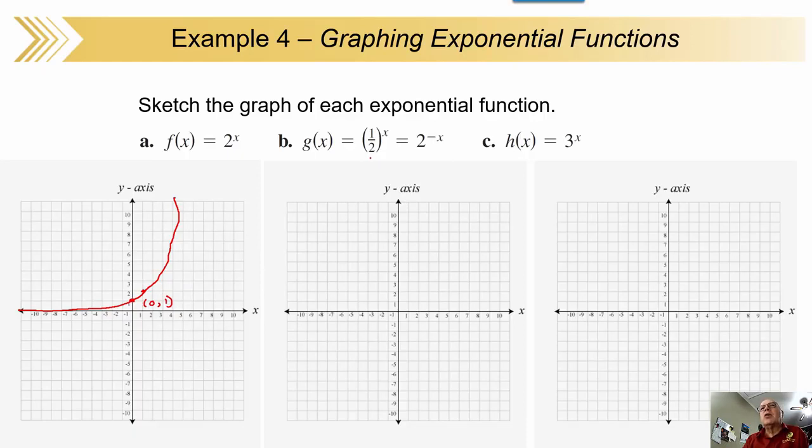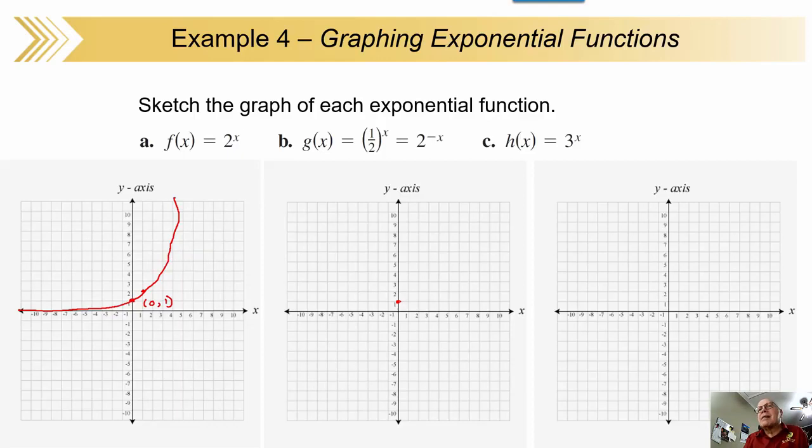For the second one, we've got a base of 1/2. You can write it as 2 to the minus x if you want to. You still have the 0, 1. What does change, though, is if this is a negative exponent, what it's going to do is switch this like it went through the mirror.